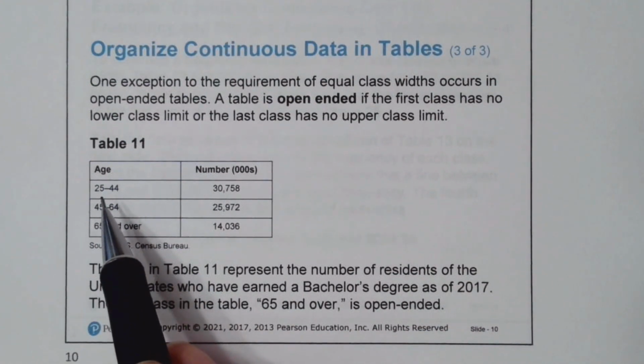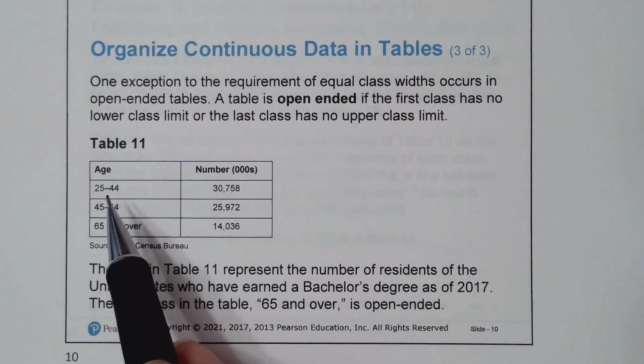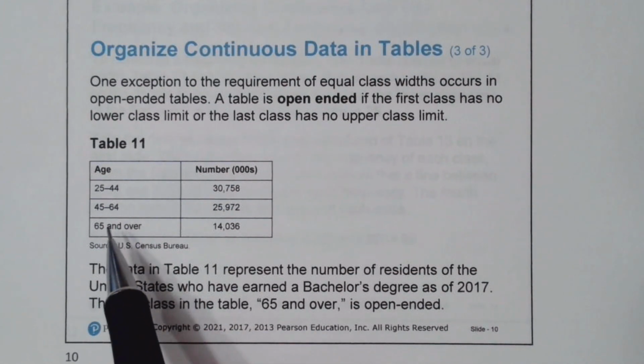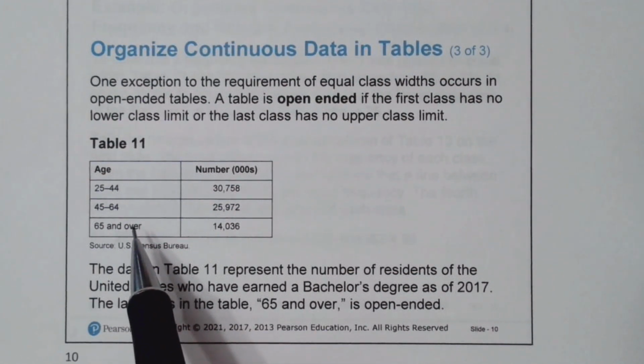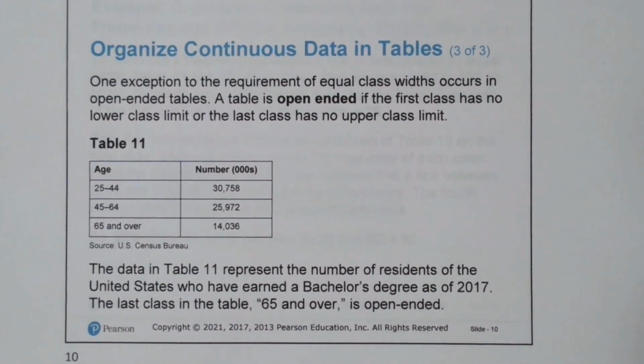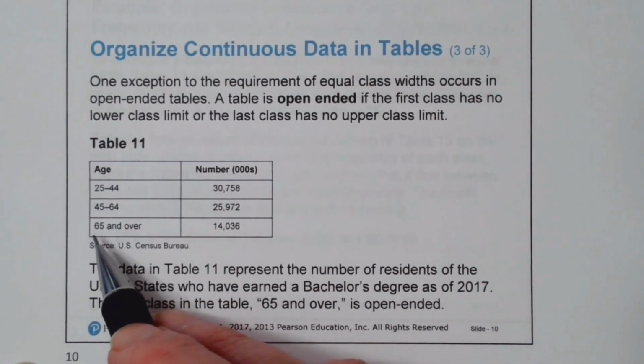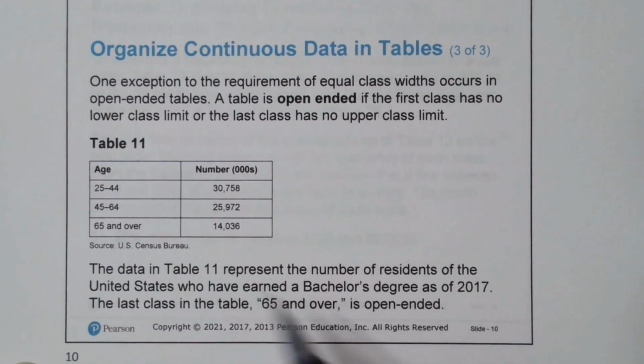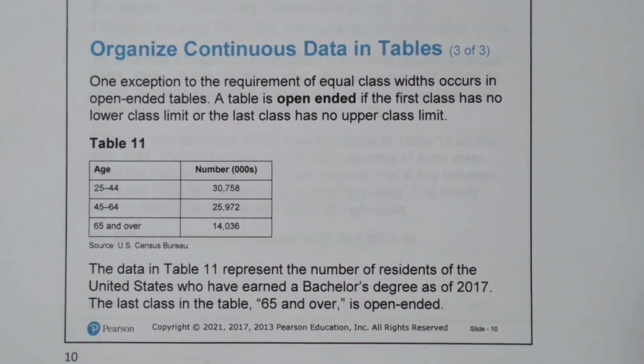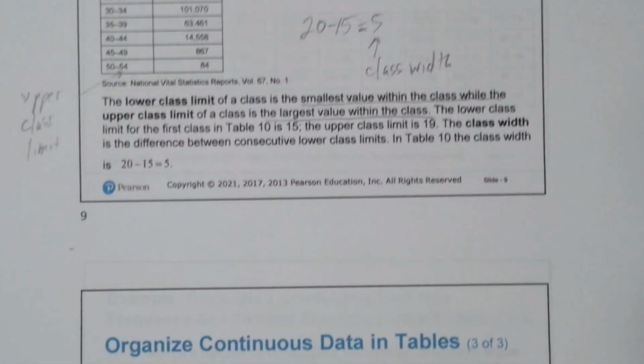If you look here and you subtract 45 minus 25, you can see that the class width is 20. But that's not true here. But it's true for the others. So basically the lower limit here is 65, but it's open as far as upper limit is concerned. All right, let's go ahead and move on to the next slide.